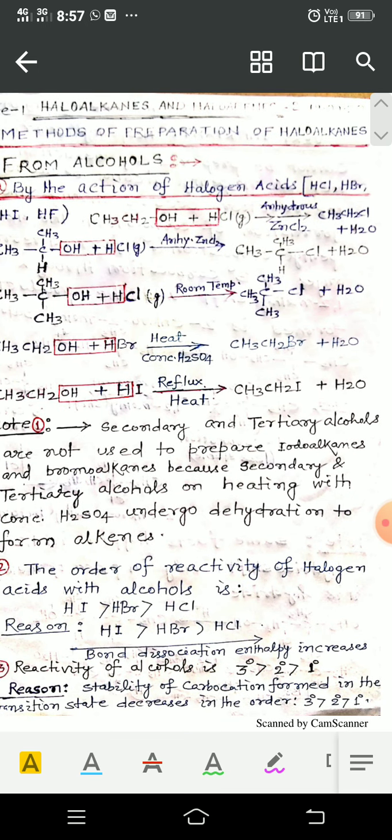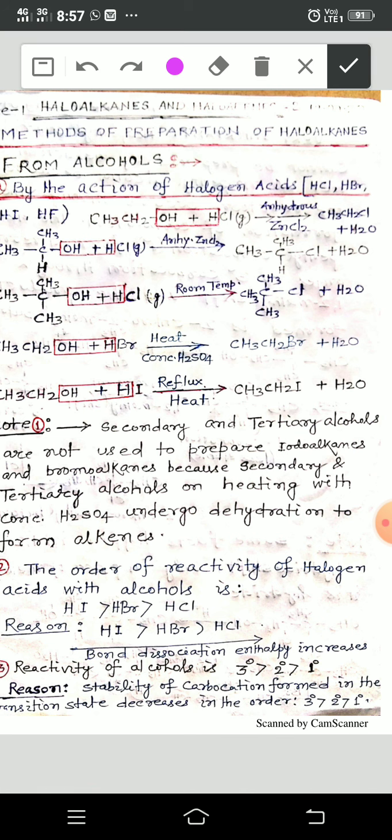And this is about the second reaction, this is about the third reaction, and also this is about the reaction with HBr, heat, Conc(H2SO4), and this is the reaction between ethanol and HI when it is refluxed and heated.